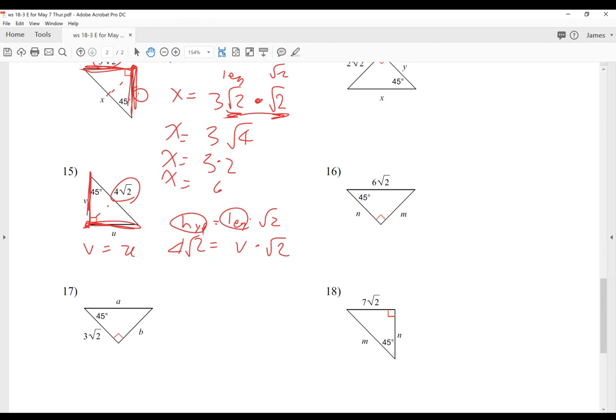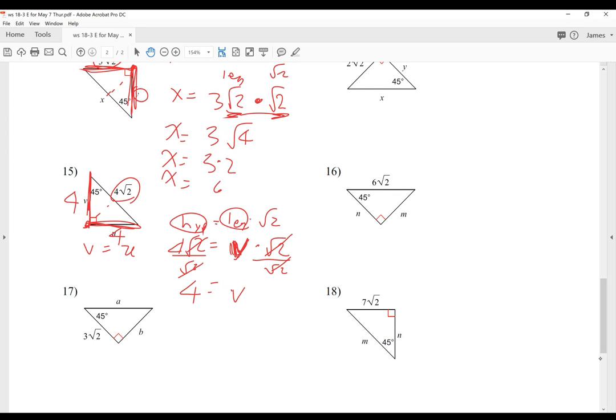So this time it's dividing, not multiplying. You cannot do letter V times the number. So V stays. We're going to divide by square root of 2. And lucky you, you could cancel out square root of 2. V equals 4. Which makes sense because this is 4, and 4 square root of 2.